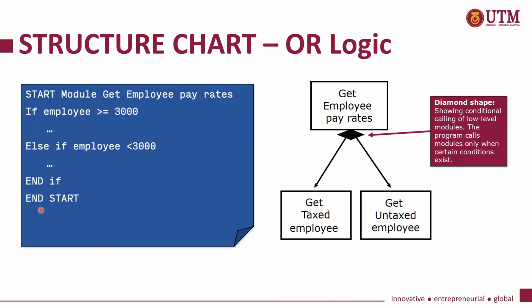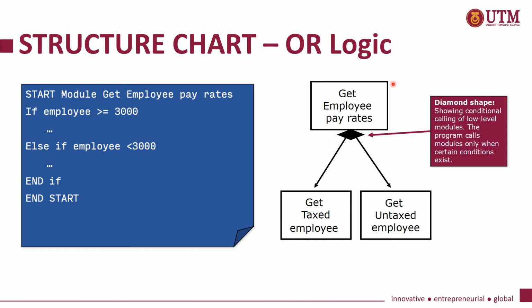Okay, in a structured chart, a diamond shape is used to show that the module contains specified action such as OR logic. That means the program calls modules only when certain conditions exist. For example, the get employee pay rates module here will call the module that matches a certain condition.